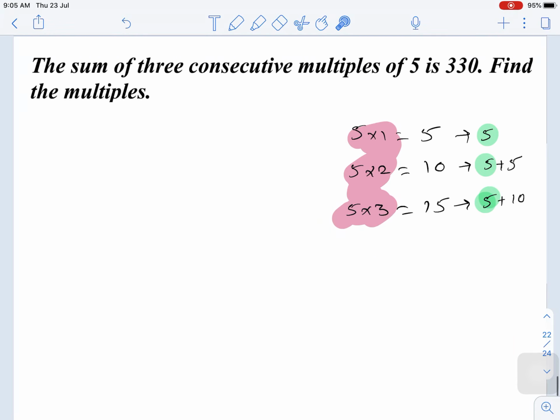Now we have that the sum of three consecutive multiples of 5 is 330. Find the multiples. Let us write its solution.